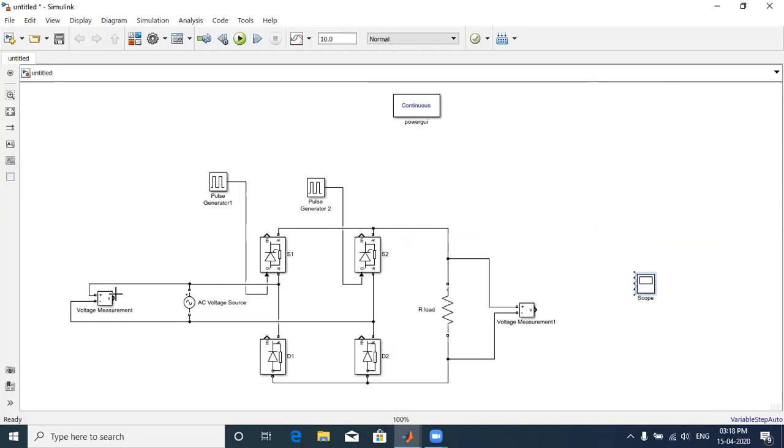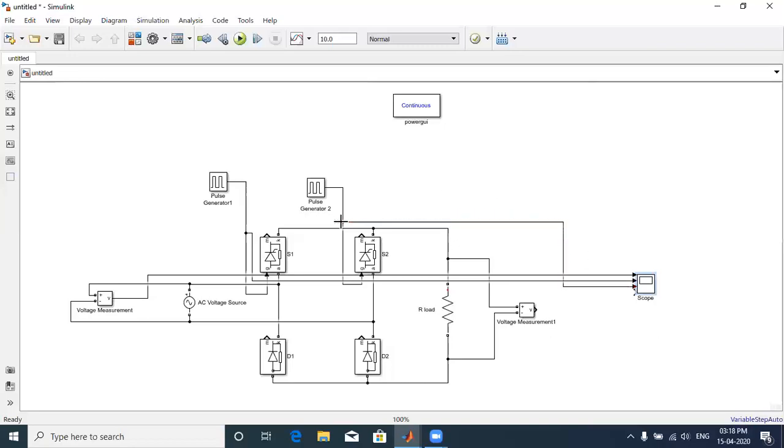Now I will connect this input voltage to the first terminal of scope. The second terminal will be the pulse generator 1, then pulse generator 2, and the last, fourth one for seeing the output voltage measured waveform.